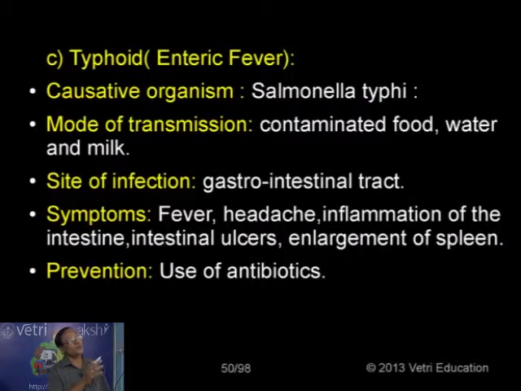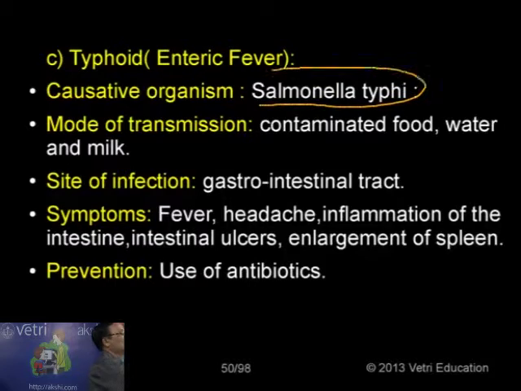We also have other disorders caused by Salmonella typhi, for example septicemia and gastroenteritis. Gastritis is different from gastroenteritis. So septicemia, gastroenteritis, enteric fever like typhoid and paratyphoid, all are caused by one species, Salmonella typhi. That is the causative organism.